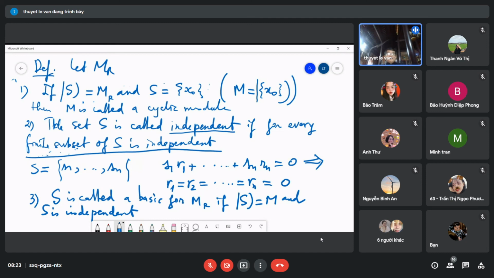And what is dependent? Dependent means that it is not independent.